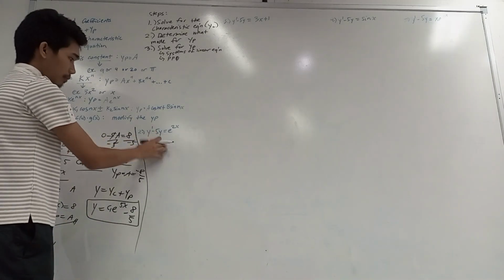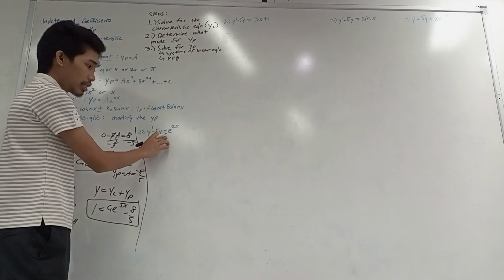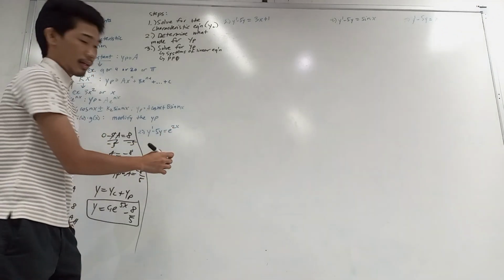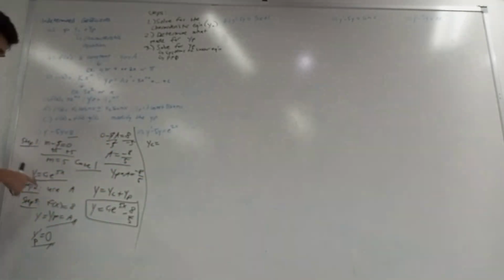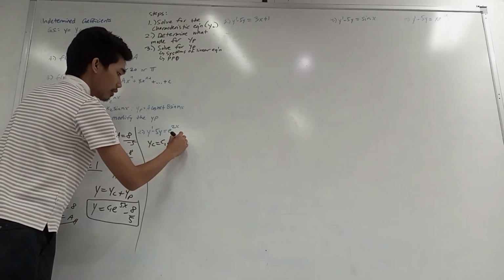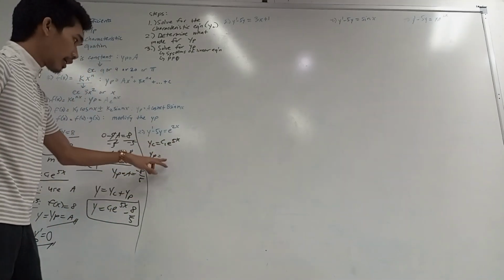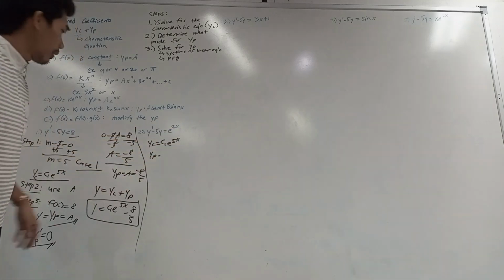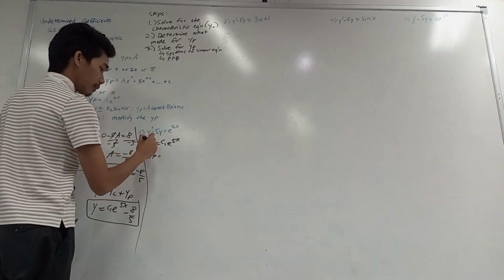So this time, since number 2 is y prime minus 5y is equals to e raised to 2x. Alam natin na yung yc niya is, ano yan? C1 e raised to 5x. Pero yung yp niya, ang yp niya is e raised to 2x. So, ito yung step 1.